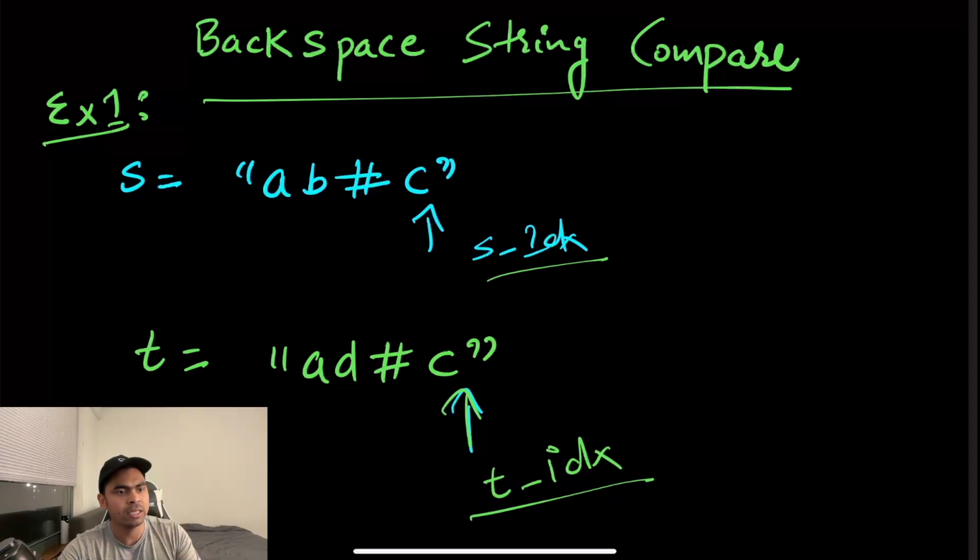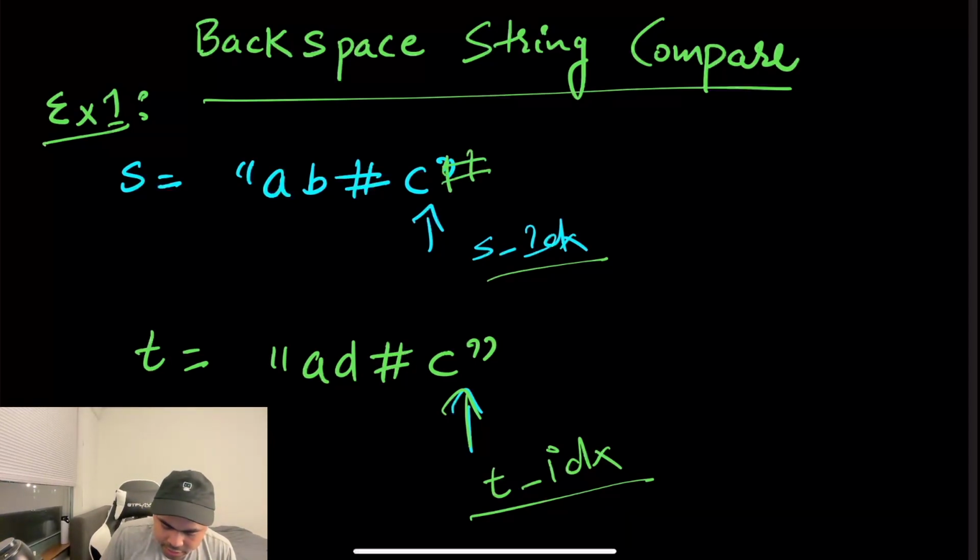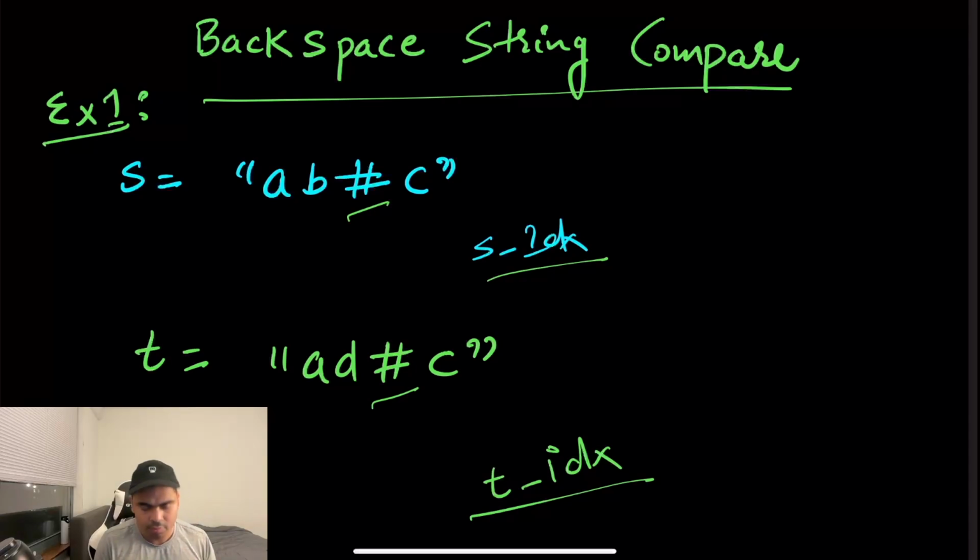If there was a pound key over here, that means this cannot be a valid key to compare, because it was typed by mistake and then needs to go off. But if it is a valid key, then I have to compare it. Right now it's a valid key and they're equal, so I will just move my pointers to the next one.